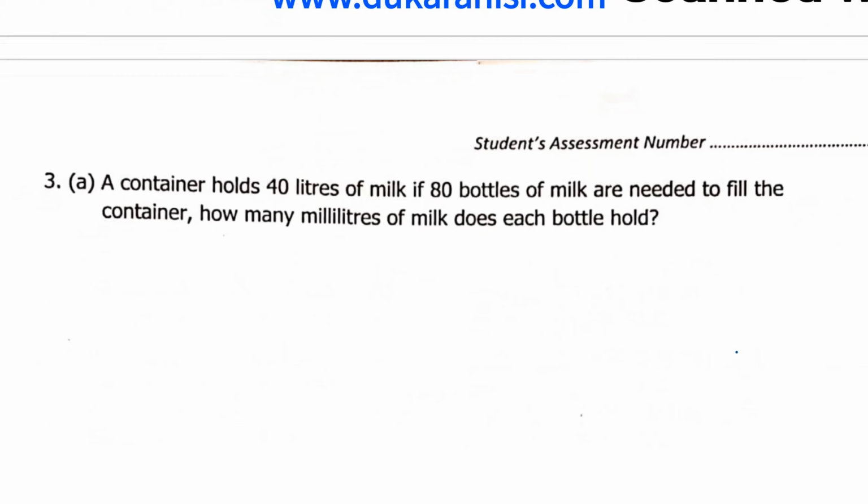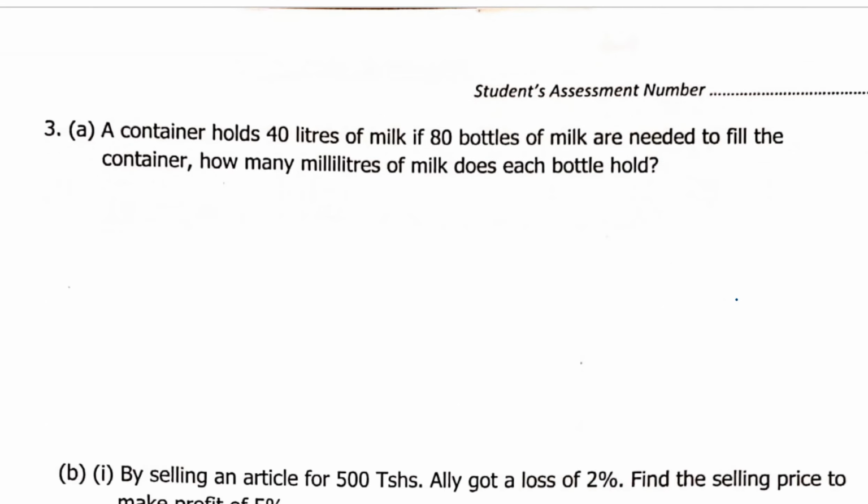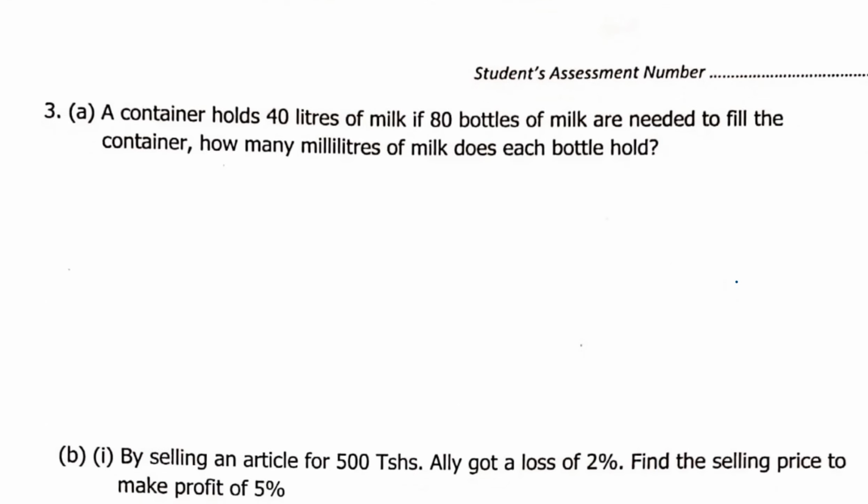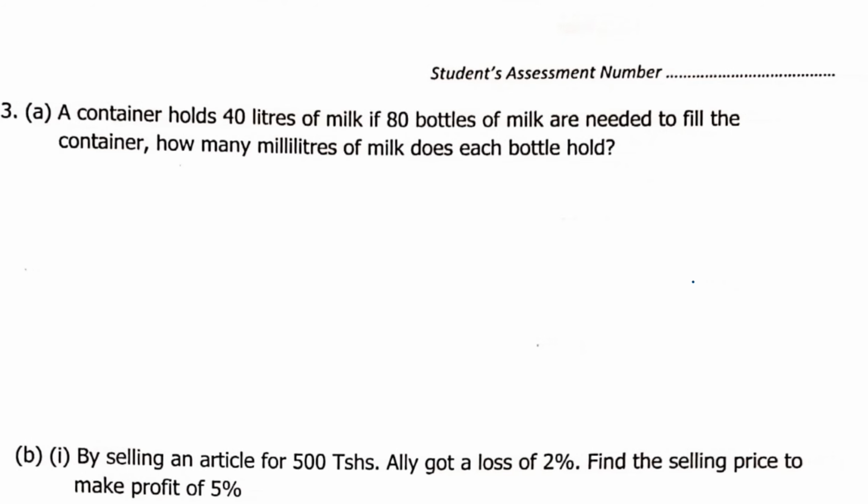We continue with question number 3B. A container holds 40 liters of milk. If 80 bottles of milk are needed to fill the container, how many milliliters of milk does each bottle hold?